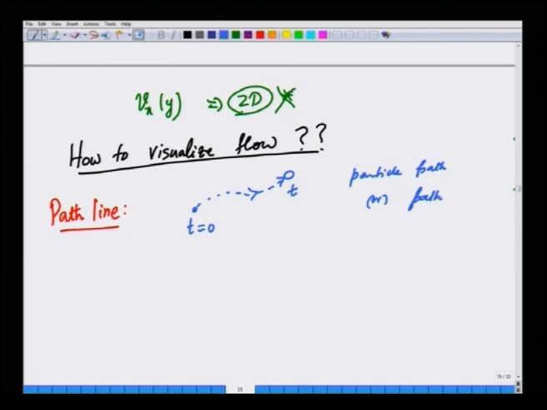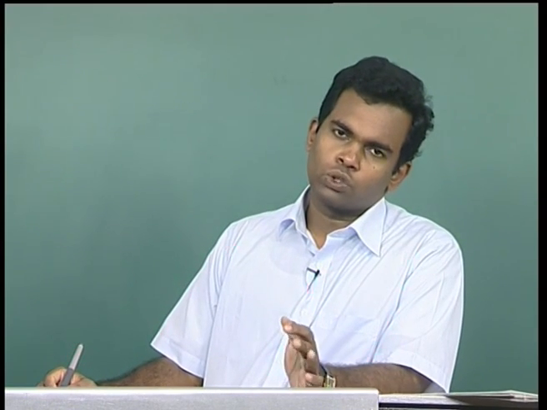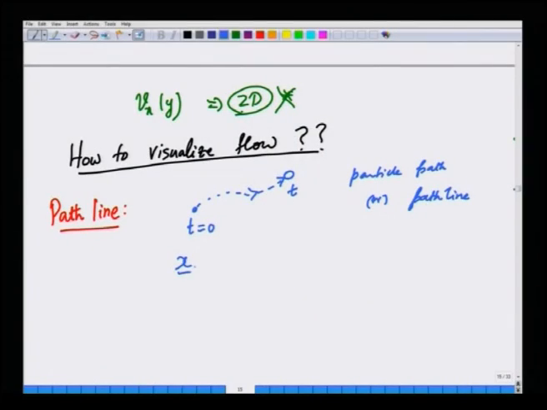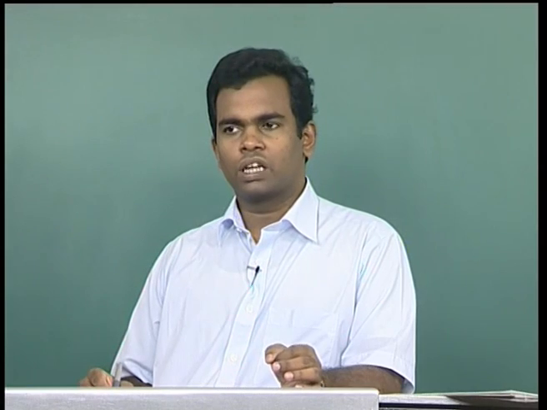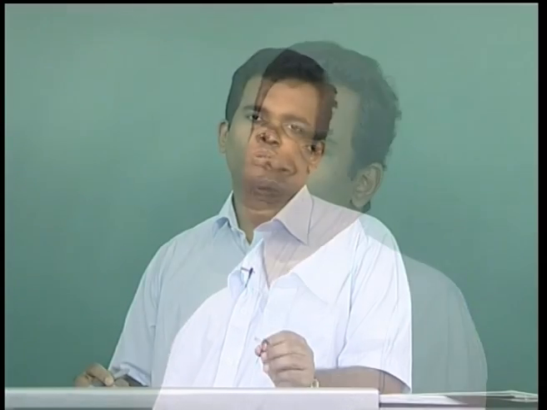So, how do we do this experimentally? Well, we imagine putting a dye at a point in space, and then just look at the motion of the point as a function of time, that is the path line. Okay. So, this is what we formally wrote as xp as a function of xp naught and t. This is essentially the Lagrangian description, which can be obtained from experiments by putting a dot of dye, or you can introduce a puff of smoke in a gas and use the smoke to visualize the flow.